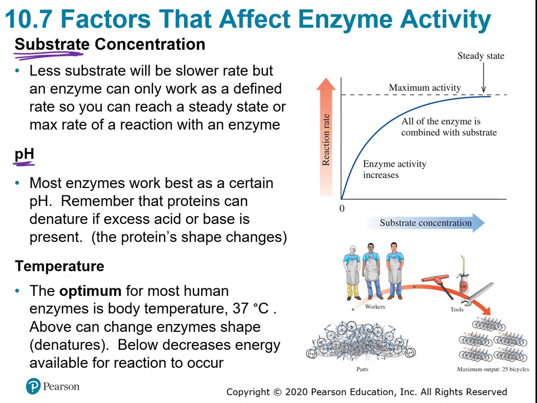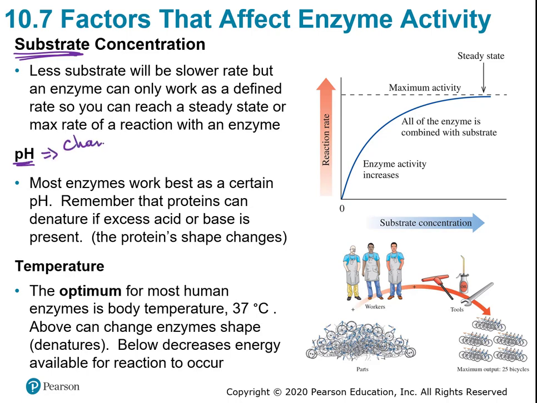The second one is one that we didn't really talk about in chapter 5 because we hadn't talked about acids and bases. So this brings in the idea from chapter 9, and that's pH. If you change the pH, that is going to change the amount of hydrogen ions around the enzyme, and that can change the enzyme's shape.